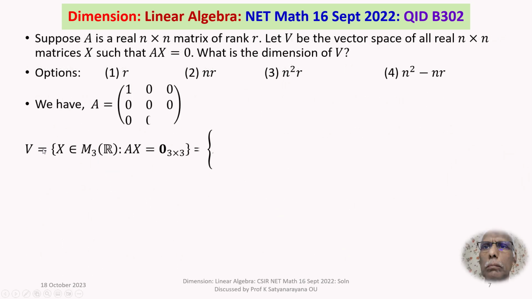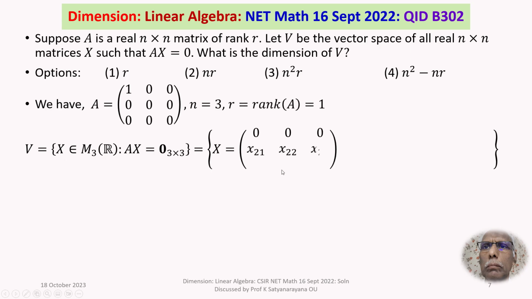We have V, in which capital X is in the set of all those matrices in which 6 entries are arbitrary. Therefore, the dimension of V over R is 6 because the 6 entries are arbitrary. Now the dimension we have obtained, can this be R?